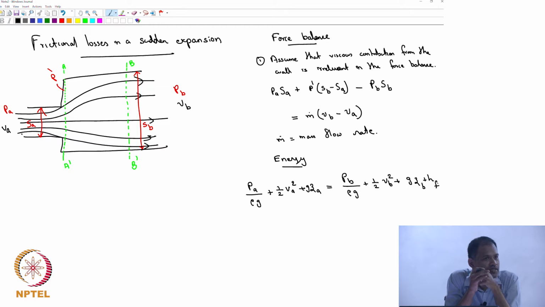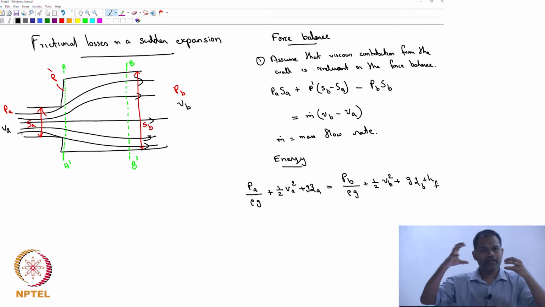Did I miss something? Yes. So you have the fluid that's coming, it's expanding and going. So there is a force that's going to come from that section that is neglected.